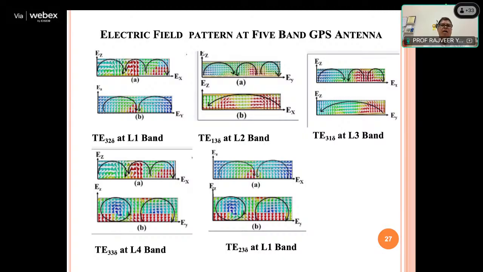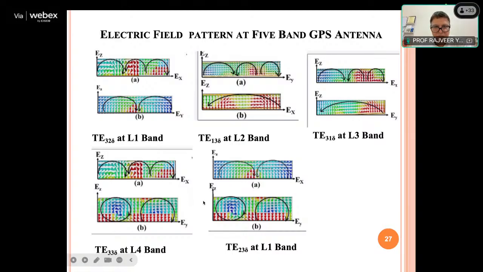And these are the electric field patterns, which are very important to understand which mode is being excited in the X direction, which in the Y direction, and which in the Z direction. If you see here, Ez by X, there are three half-wave variations in the X direction, and only one variation in the Z direction.